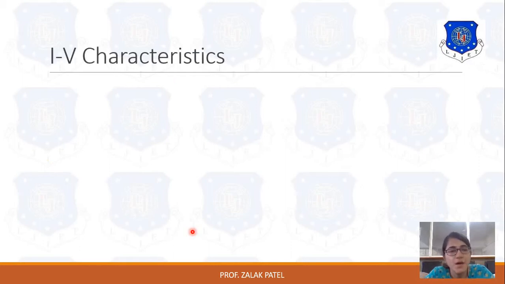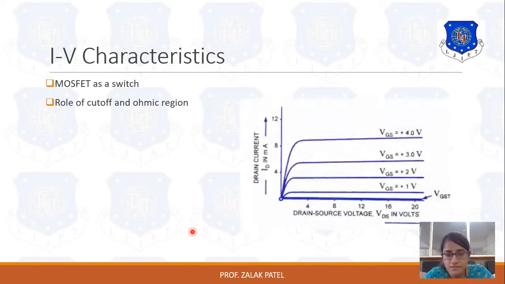Now let's see the IV characteristic of MOSFET. First of all, for the IV characteristic, the MOSFET is used as a switch. So as a switch there should be two states, either it is off or it is on. Now let's see when it is off and when it is on.